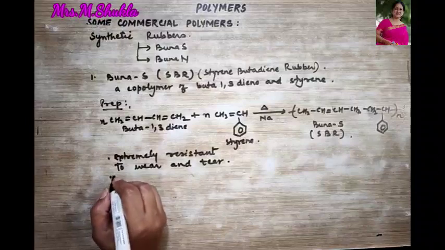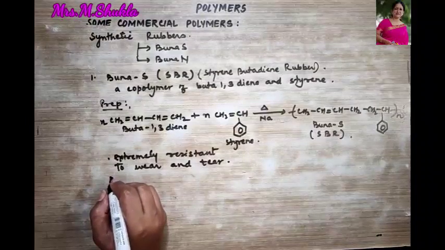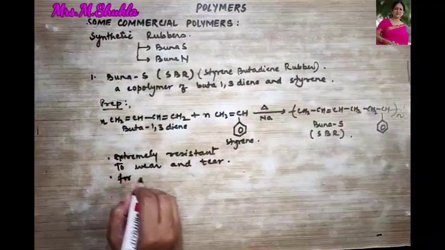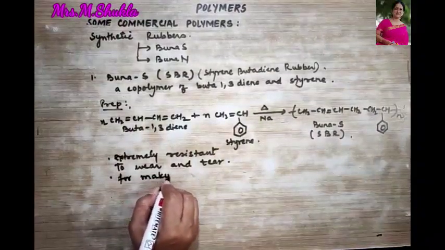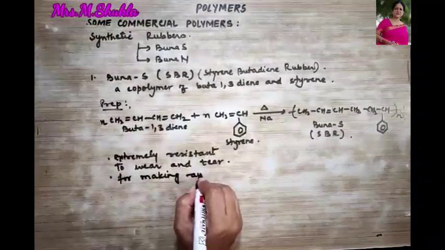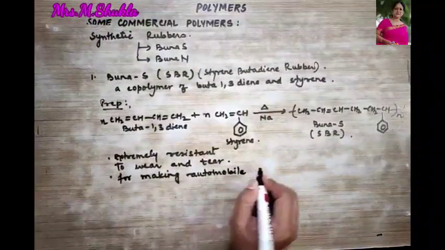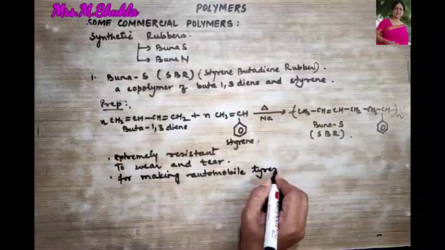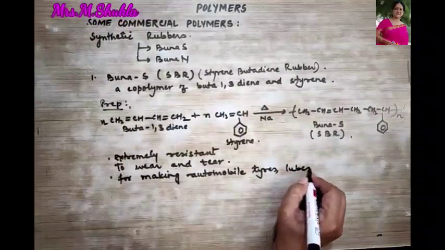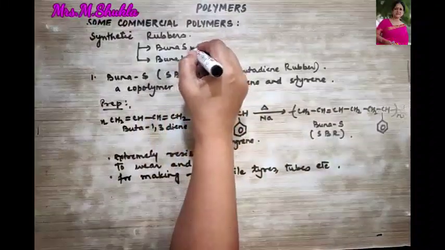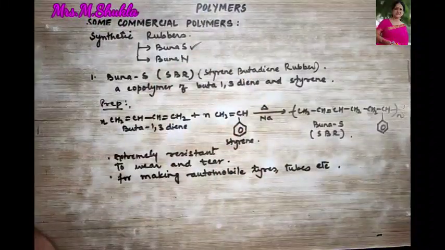It is used in making automobile tires. It is also used for making tubes, automobile tires, tubes, etc. So this is your Buna S I was talking about.